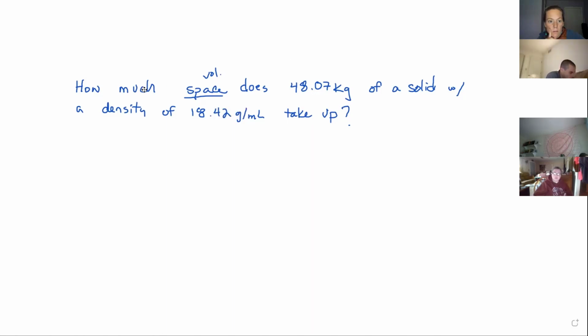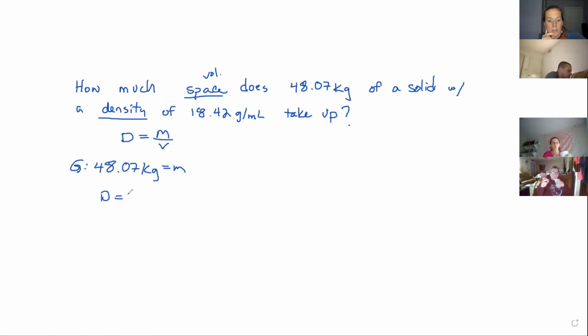Okay, Cynthia, I saw your question, so we'll just answer it as we go along. When working on this problem, I'm seeing this word density, so I know I'm probably going to use density equals mass over volume. Given information: I have 48.07 kilograms, this is the mass.